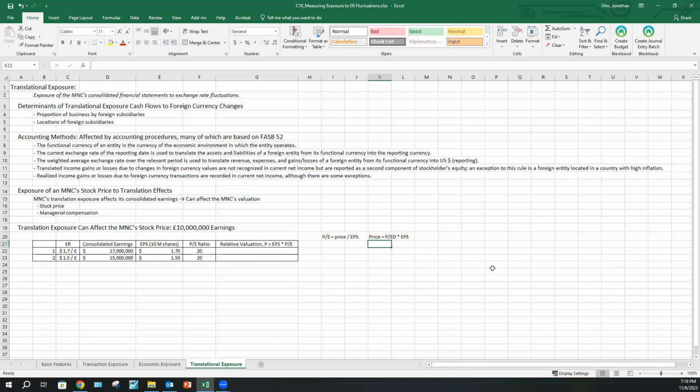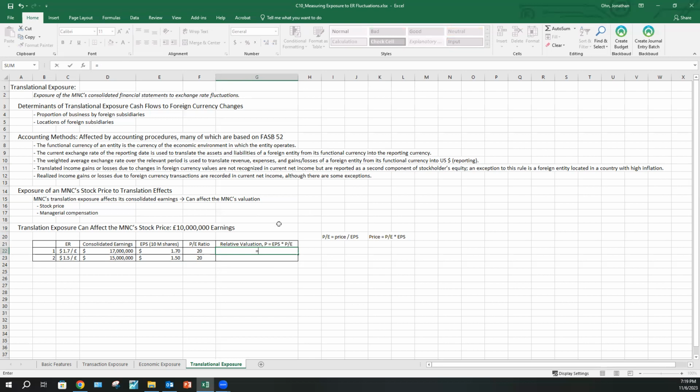That's it. So this is a simplified approach for relative valuation, so let's just stick to that. Then price is PE ratio times EPS. So based on relative valuation, the expected price, the intrinsic value, is this.